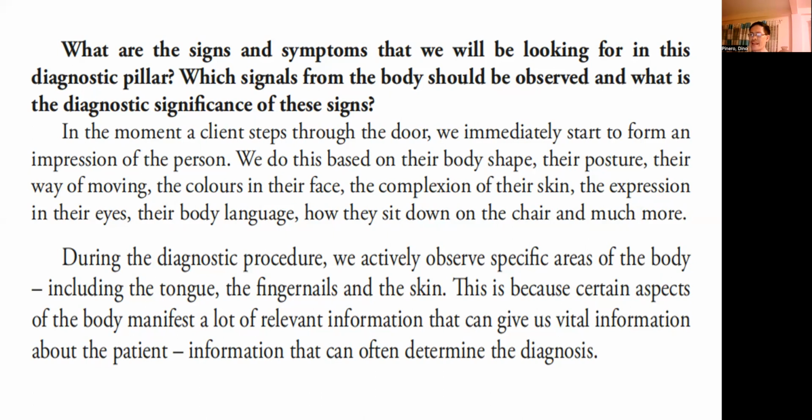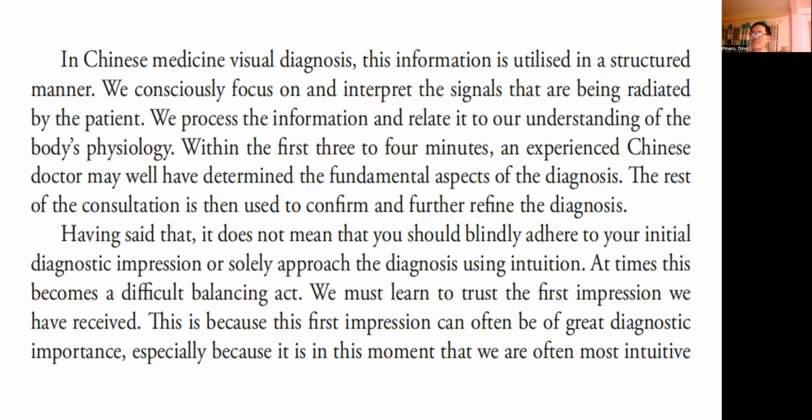This is because certain aspects of the body manifest a lot of relevant information that can give us vital information about the patient, information that can often determine the diagnosis. Okay? In Chinese medicine visual diagnosis, this information is utilized in a structured manner. We consciously focus on and interpret the signals that are being radiated by the patient. We process the information and relate it to our understanding of the body's physiology.